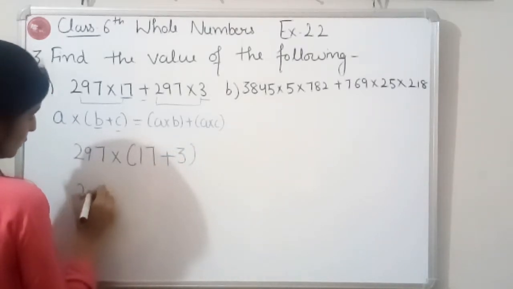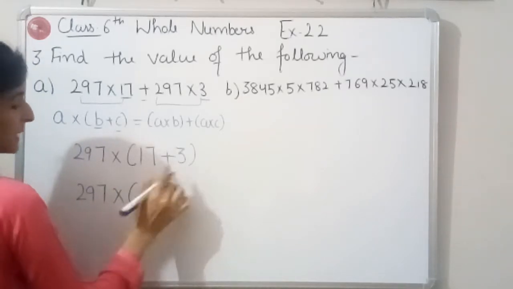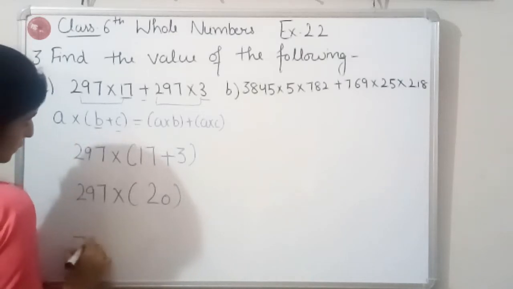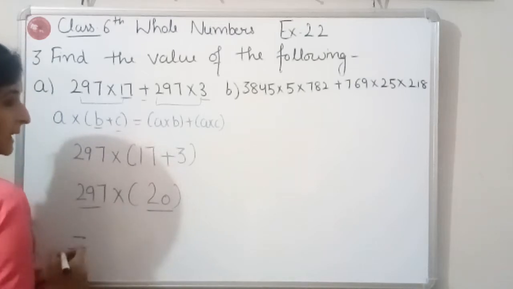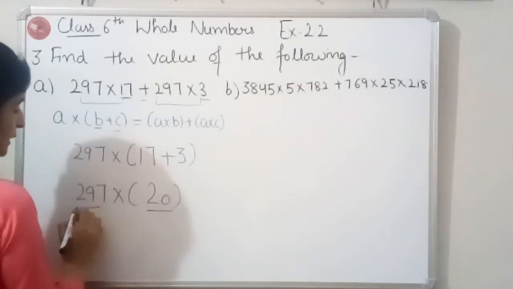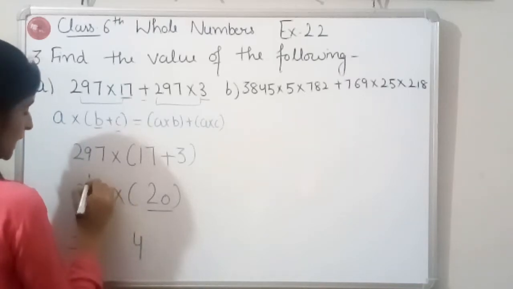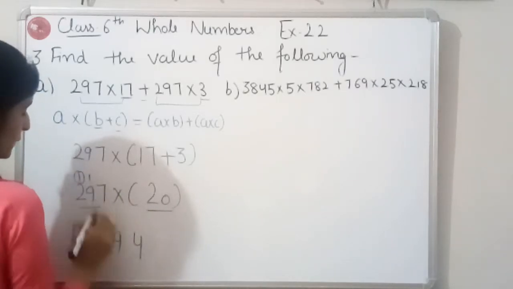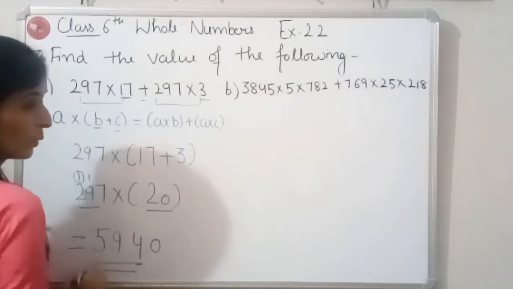So 297 multiplied by 17 plus 3, which is 20. Now we have to multiply 297 by 20. First of all, we will multiply 297 by 2. 2 sevens are 14, 1 carry, 2 nines are 18, 18 plus 1 is 19, 2 twos are 4, 4 plus 1 is 5, and this 0.